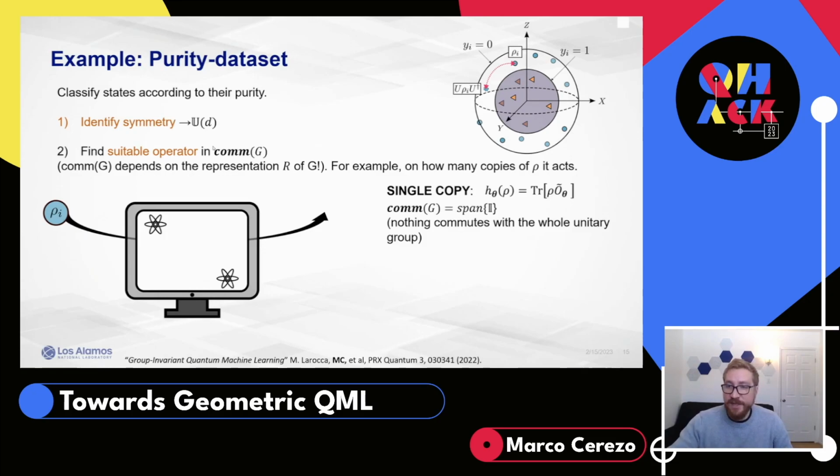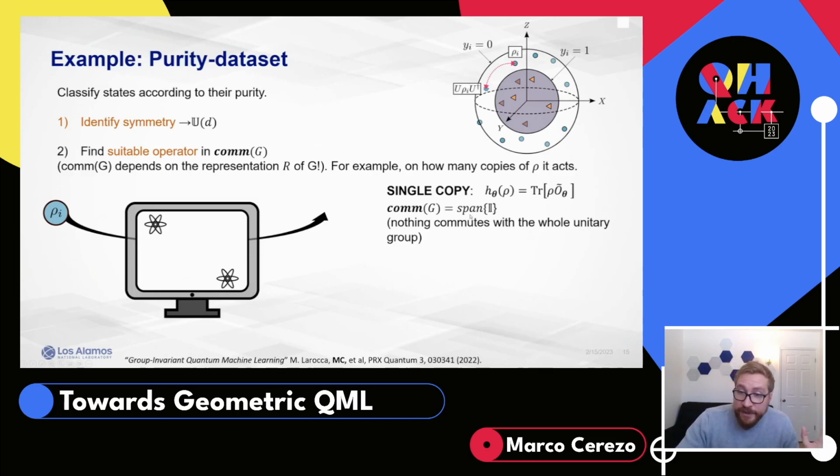So for instance, let's think about a model where I'm only allowed to act on one copy of rho. Well, in this case, you can use representation theory to say, and don't worry if this doesn't make too much sense, this representation of the unitary group is irreducible, and hence the commutant only contains the identity.